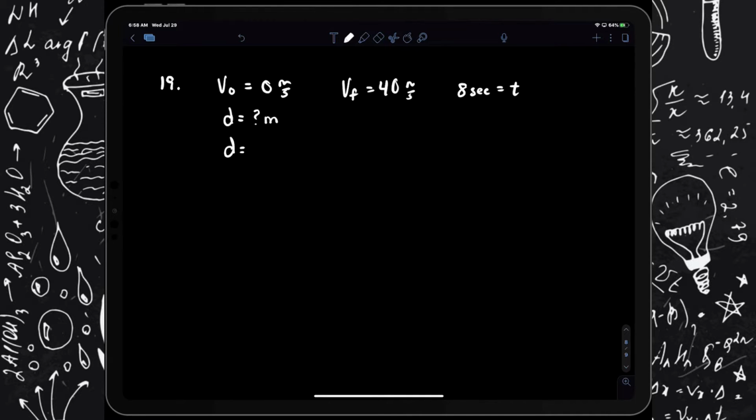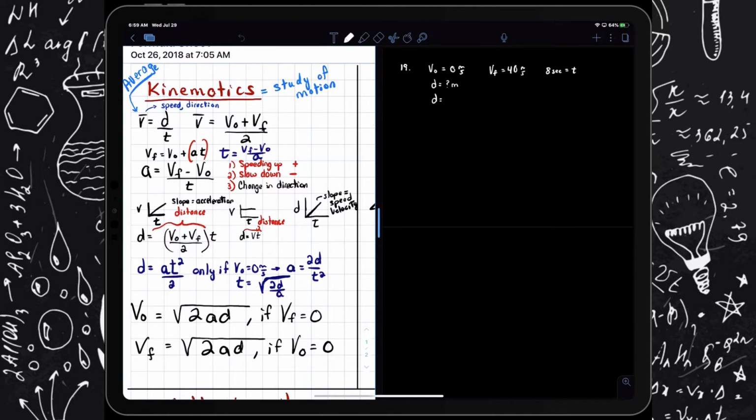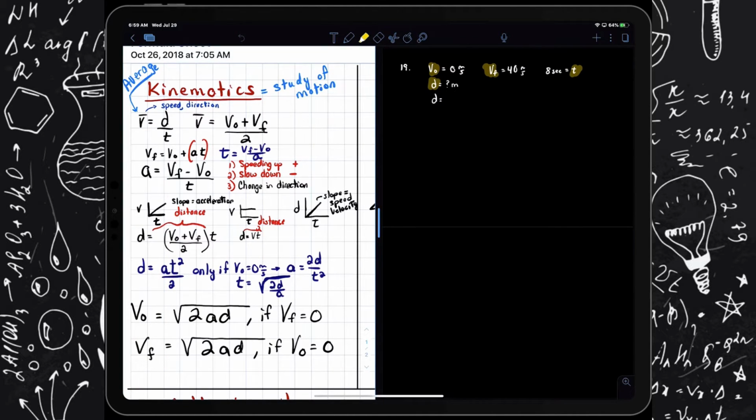Now, I could go through that whole process of identifying what variables are given to me, and here's VO, VF, T, and D, and then I just match up the right equation that has all of them. Here's D, VO, VF, and T, so that must be the equation right here that I would use. So you match the equation to the variables that you have written down in the GUESS method.